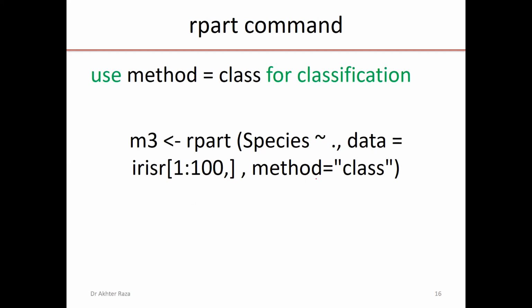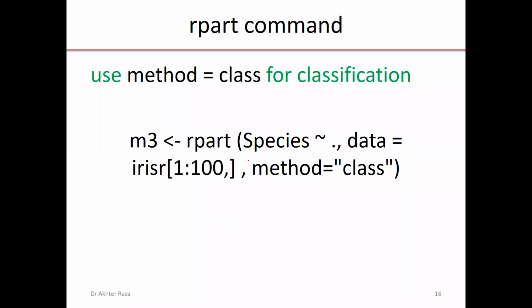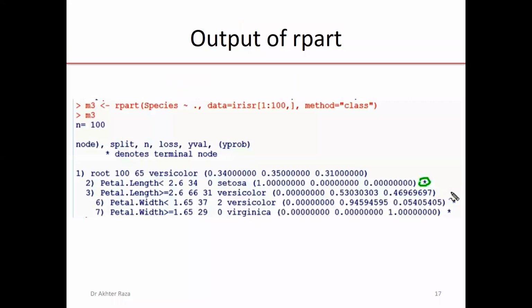Now method is equal to class, the classification method in rpart. Now you can see M3, another model built, named M3, species dot, iris 100 elements, and M3 is printed. So you can see the same output here.